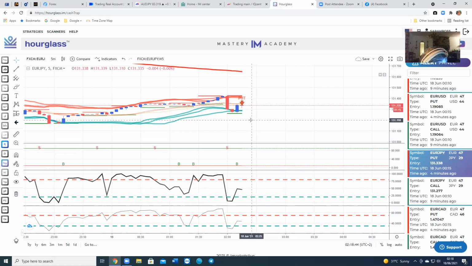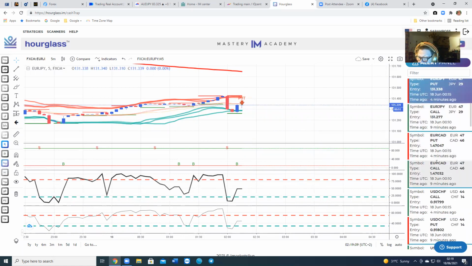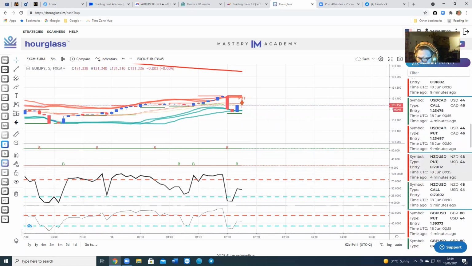And I had AUD JPY at 70, and I've got Euro JPY at 70. So I've got payouts as highest Euro USD at the moment and GBP JPY, but also it can depend on where I see the setups that I like. Skip through these, I don't trade these.